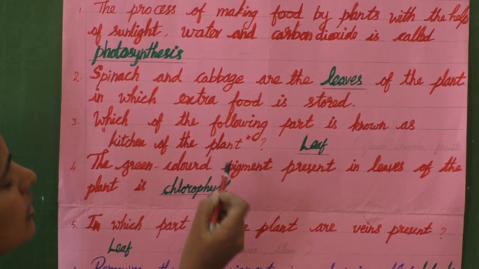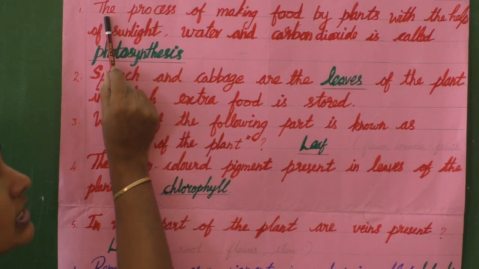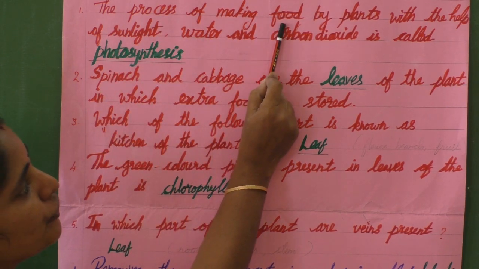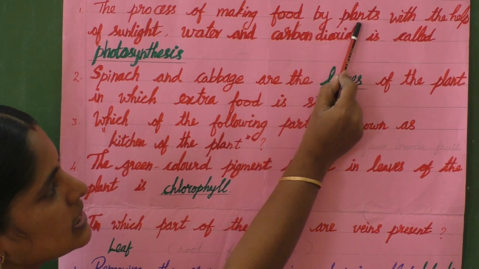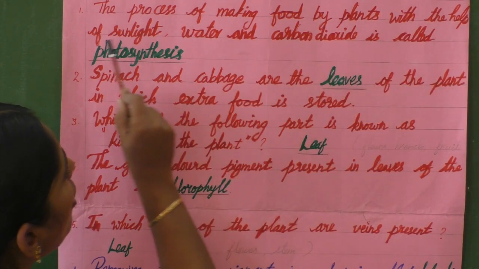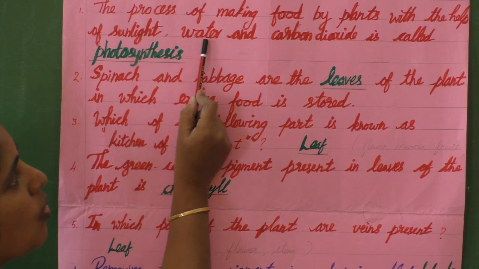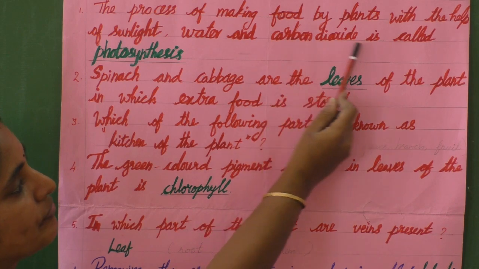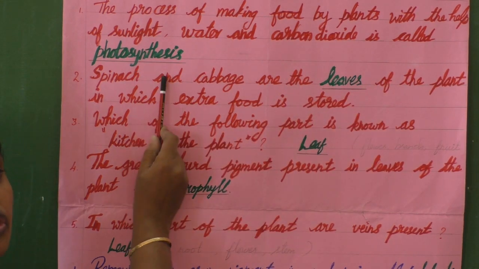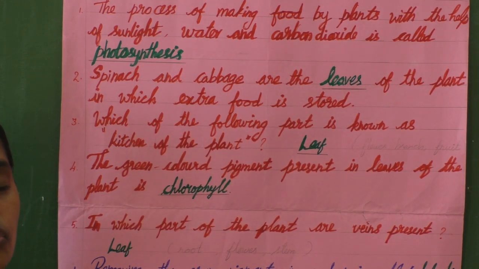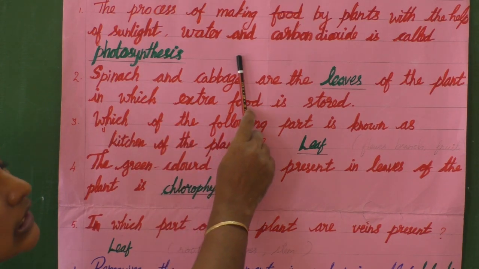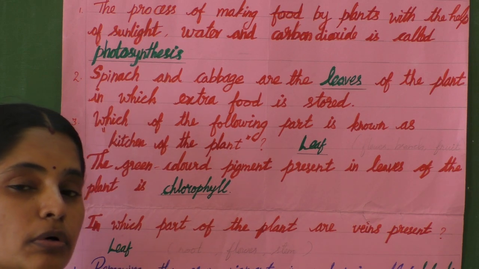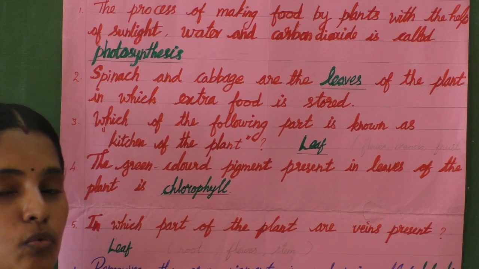So the first question is, the process of making food by plants with the help of sunlight, water and carbon dioxide is called photosynthesis. So sunlight, water and carbon dioxide are needed for the plant to prepare their own food.